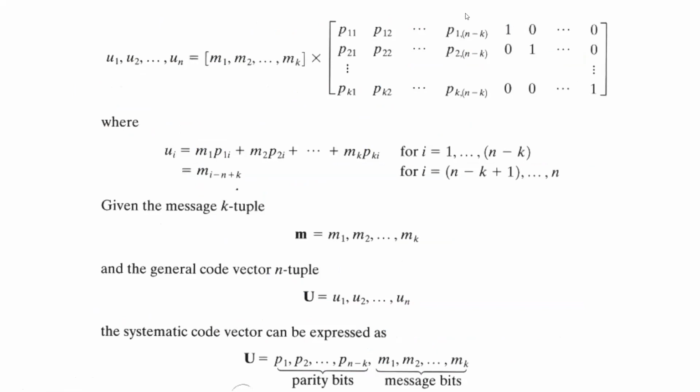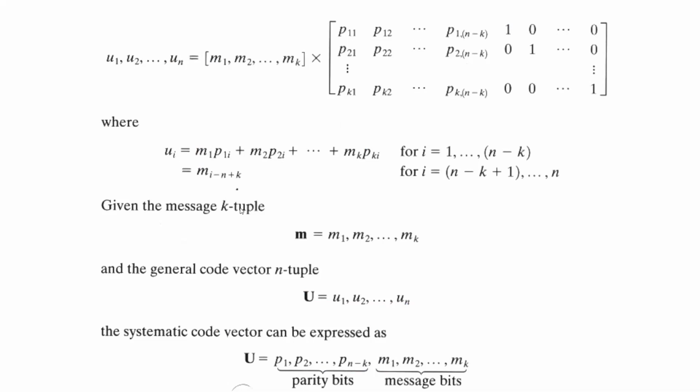When you multiply this generating matrix with this message vector, you will find that the message bits will automatically take the last portion of the code word, because this is the identity matrix. It's just the multiplication explained here.